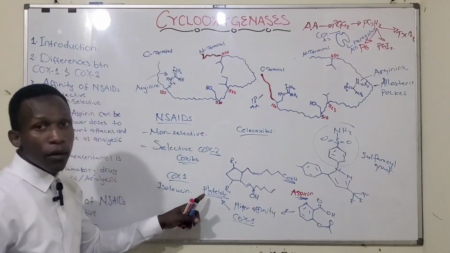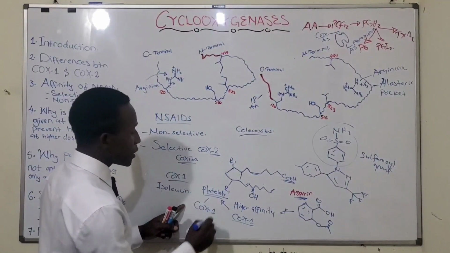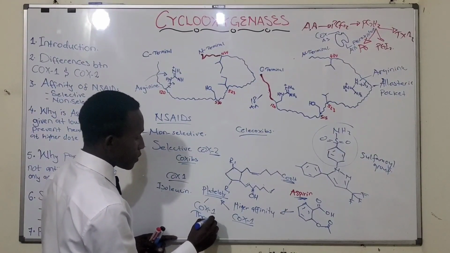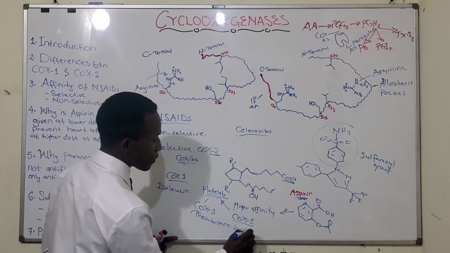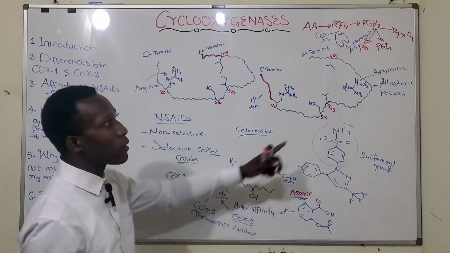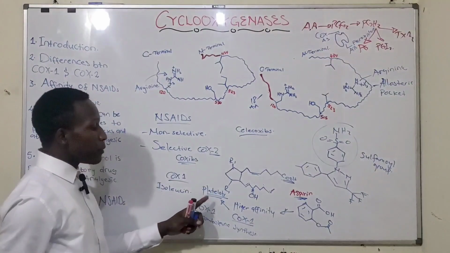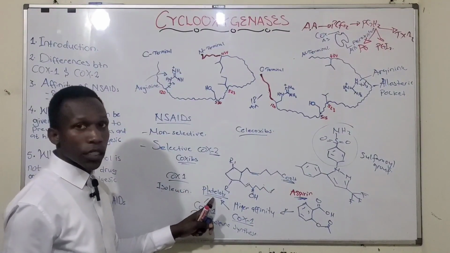In platelets, remember, they have the COX1 enzyme and thromboxane synthase, which form thromboxane A2. These platelets are responsible for clotting.